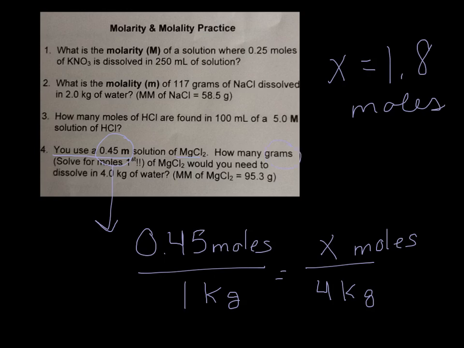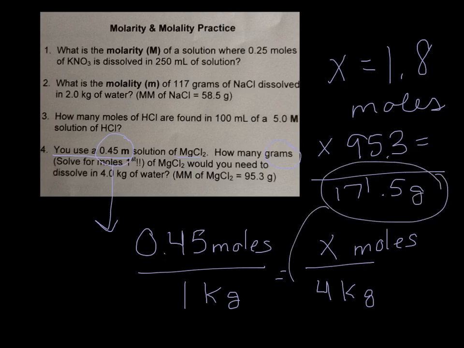So to turn moles to grams, we multiply by the molar mass, which is 95.3. So what do we get? 1.8 times 95.3 equals, we would need 171.5 grams of MgCl2. We'd need to dissolve that in 4 kilograms of water, and we would get a 0.45 molal solution.